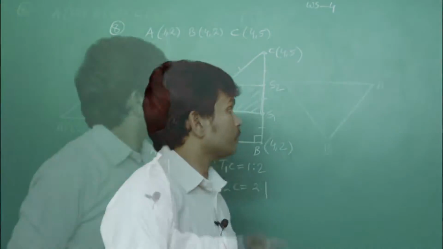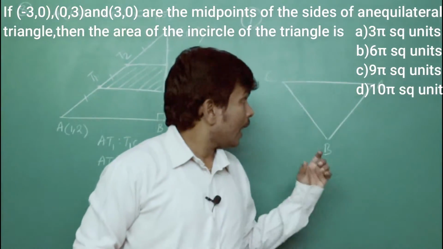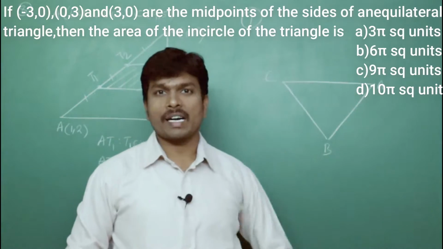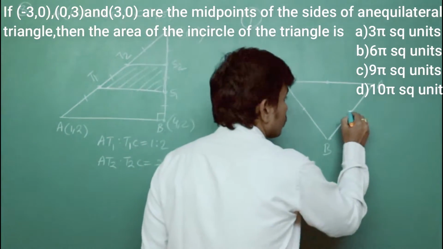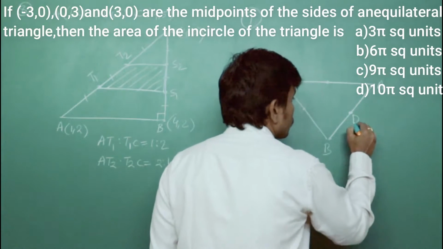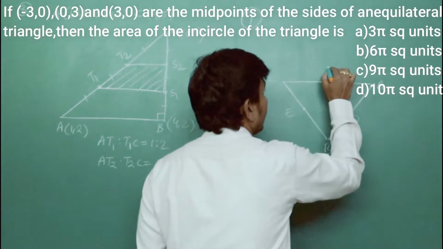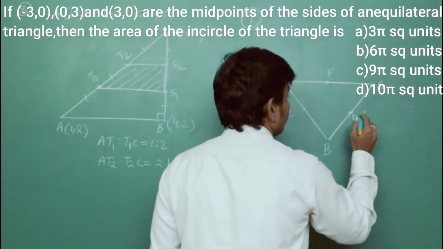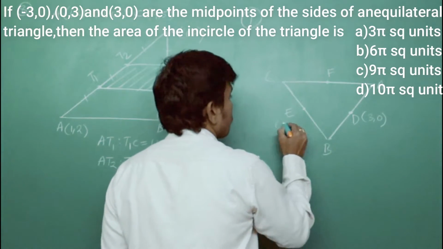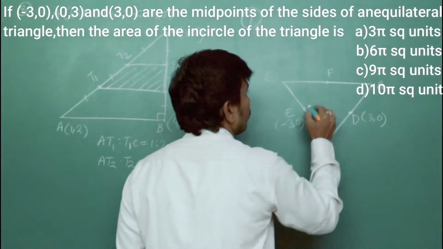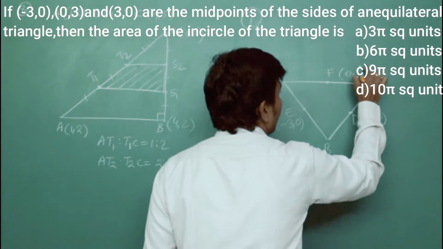Do it on your own. Observe the 9th problem. ABC is an equilateral triangle whose midpoints are given. What are those? Let them be D, E, F, that is 3, 0, minus 3, 0, 0, 3.